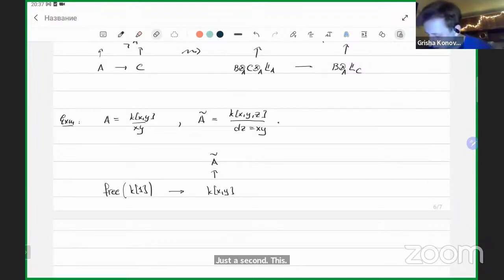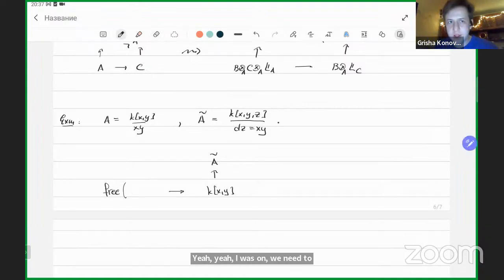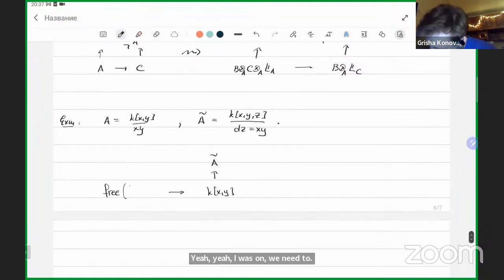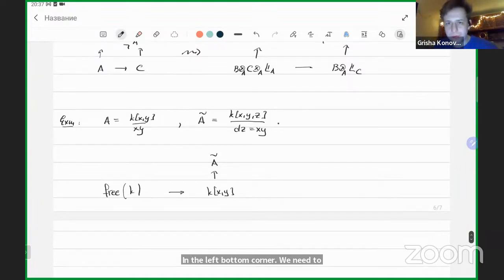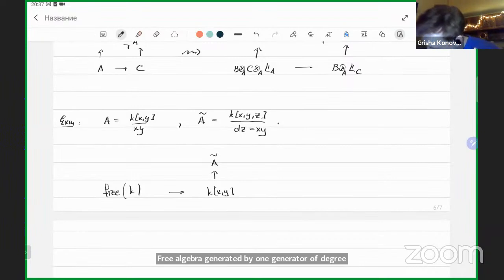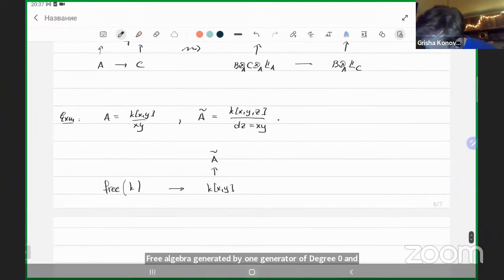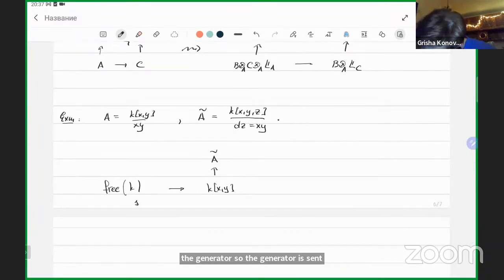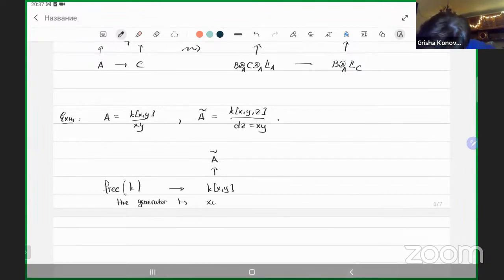Yeah, I was wrong. In the left bottom corner, we need to take free algebra generated by one generator of degree 0, and the generator is sent to x times y.